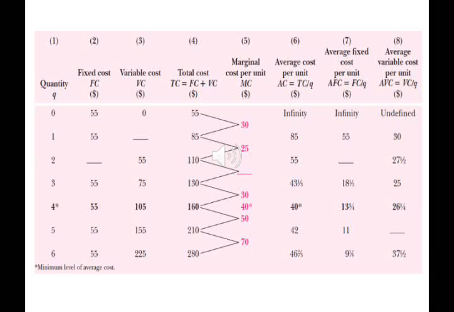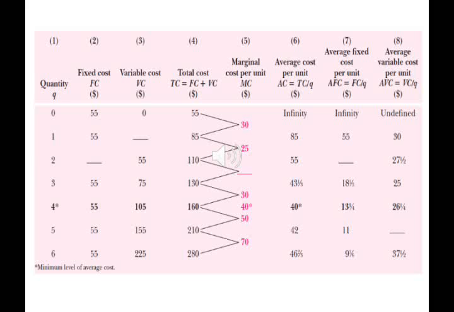So average fixed cost will be fixed cost divided by Q. If we're talking about the first row, which is Q equals 0, it will be fixed cost 55 divided by 0, which will remain infinity, because dividing anything by 0 gives us infinity. Okay, then you can calculate it for the remaining levels of output.